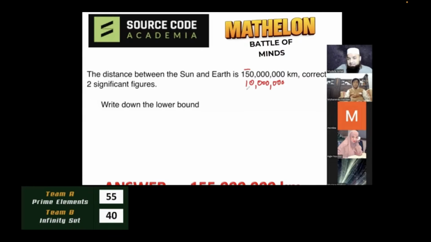We divide this 10 million by 2 to get 5 million, so we have to add and subtract 5 million to get the upper and lower bound. If we subtract it from the same value, 150 million minus 5 million, that would be 145 million. The lower bound is this one. Well done, mashallah.